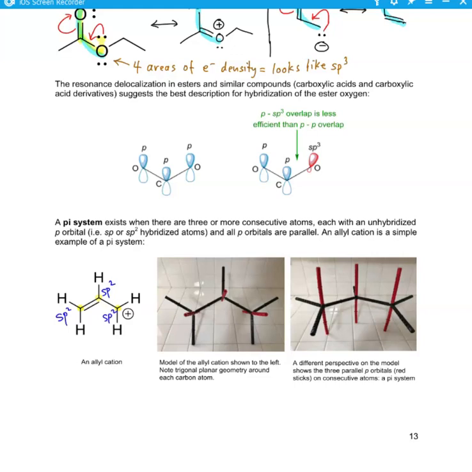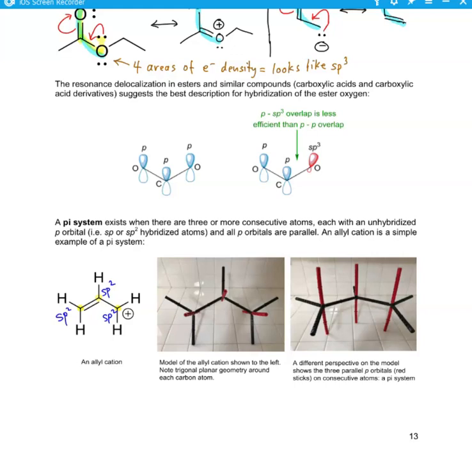And so each of those carbon atoms has a trigonal planar geometry around it. So all of the bonds that are shown in that picture are in the same plane. Okay, so remember that with an sp2 center, you have a p orbital that's left over after the hybridization argument, and it's going to be perpendicular to the plane.